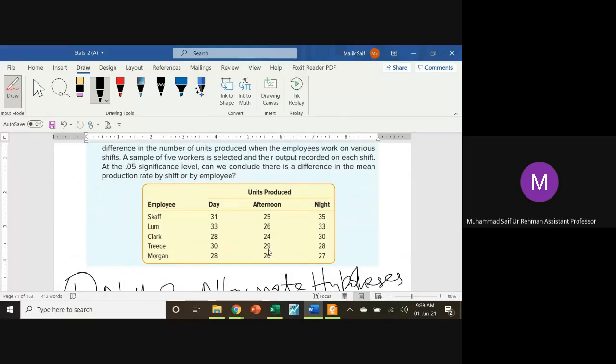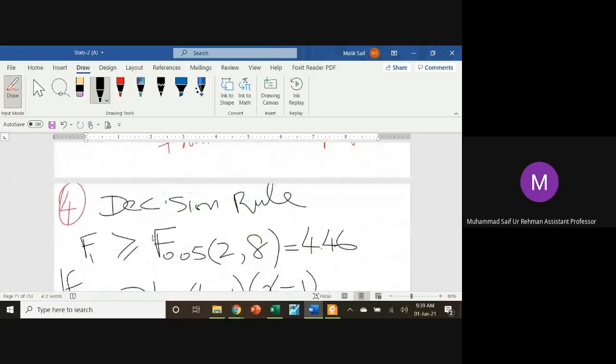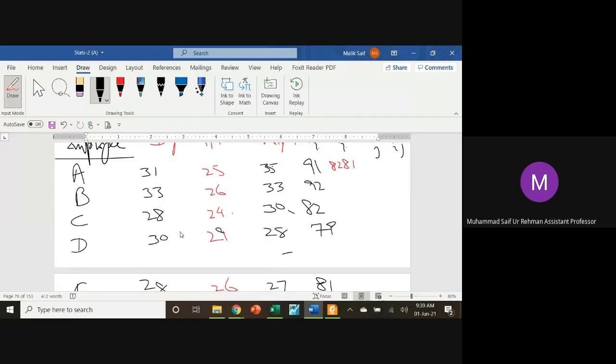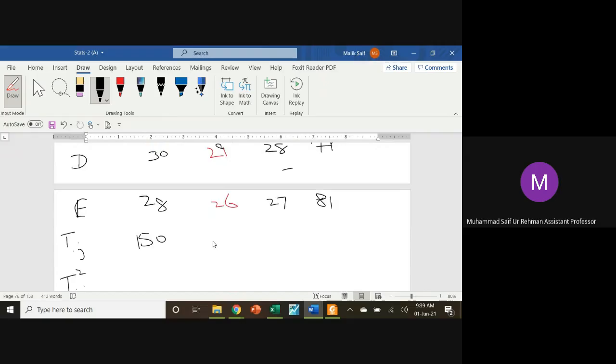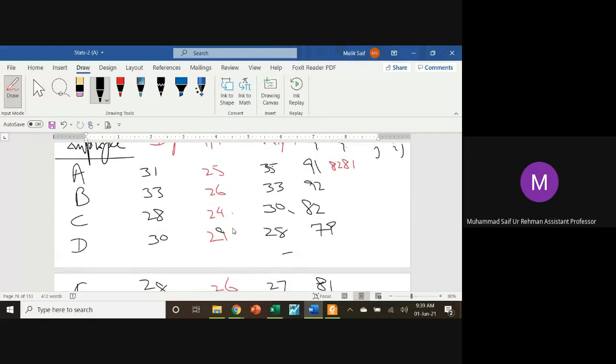This is 29, not 21, so correct it. Add 25 plus 26 plus 24 plus 29 plus 26, the answer is 130. The next is 153.